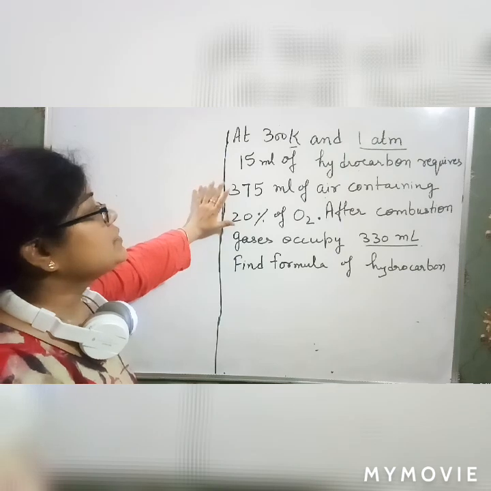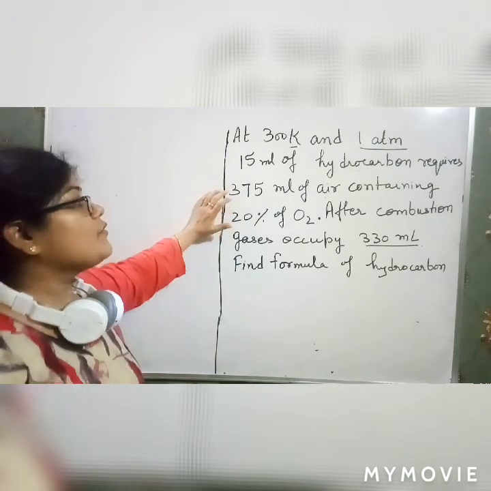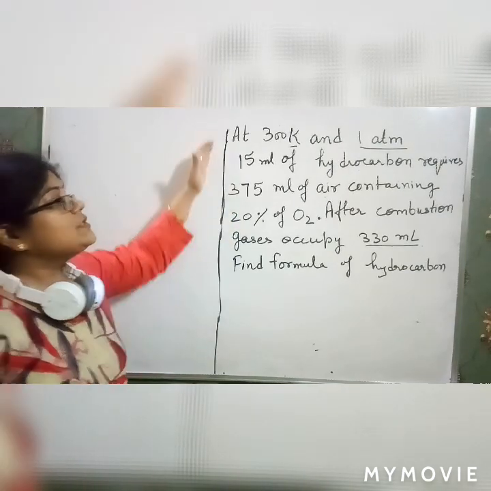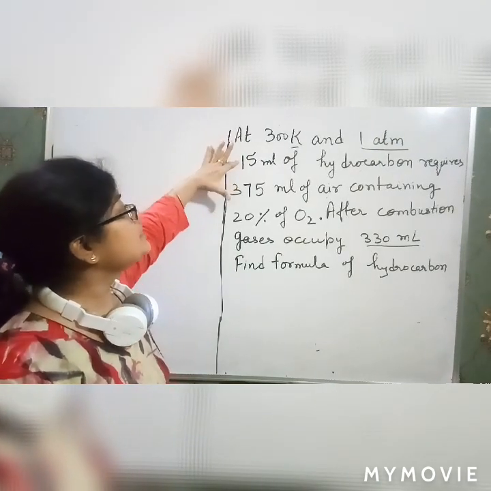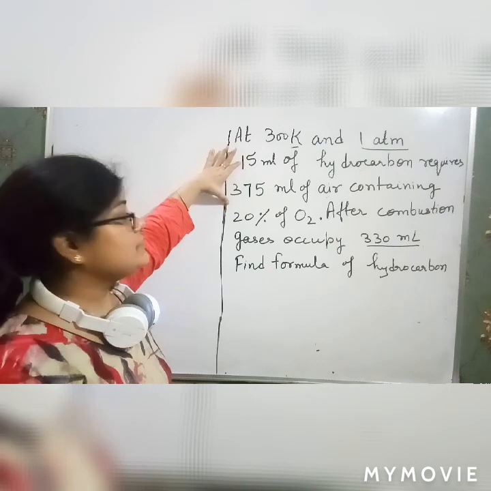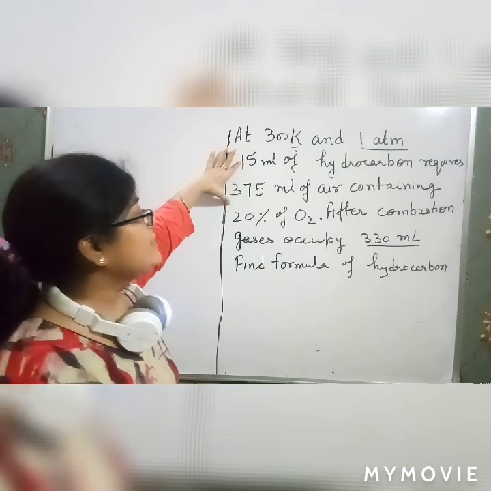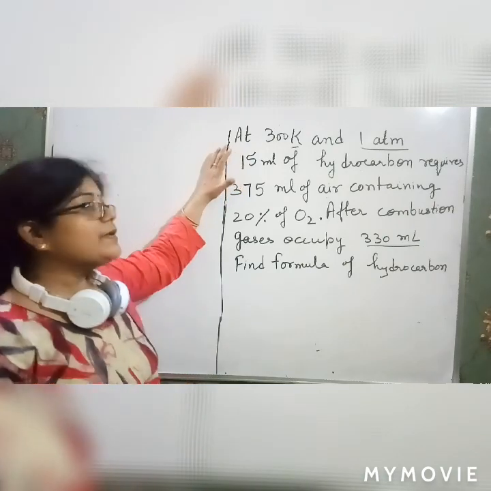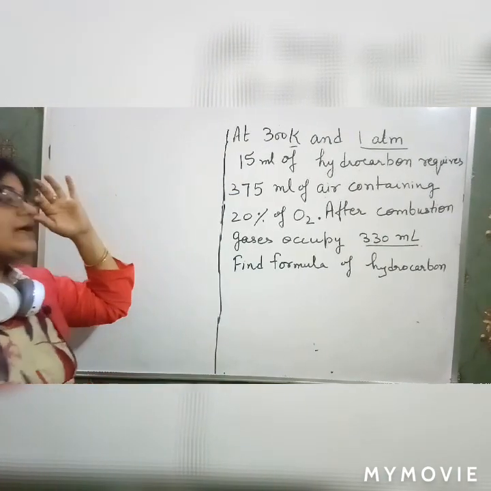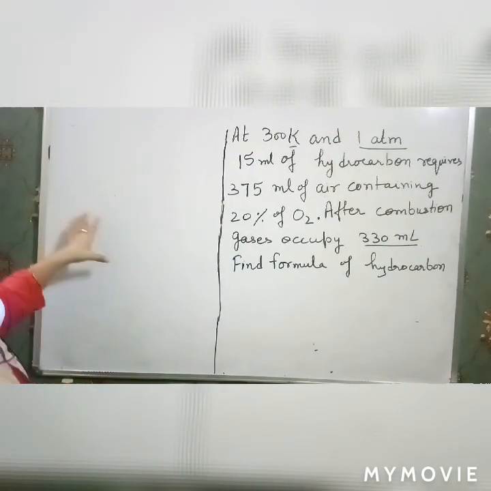Okay, that means in this question we burnt a hydrocarbon in presence of air. So the volume of the hydrocarbon is 15 ml and the air we used in burning that hydrocarbon is 375. Now it is given that after combustion the gases occupy 330 ml. So when we burn the hydrocarbon we get 330 ml of the gases.